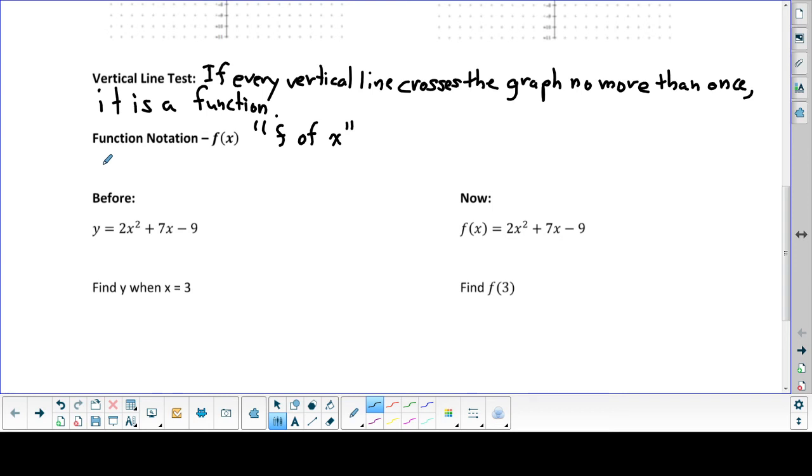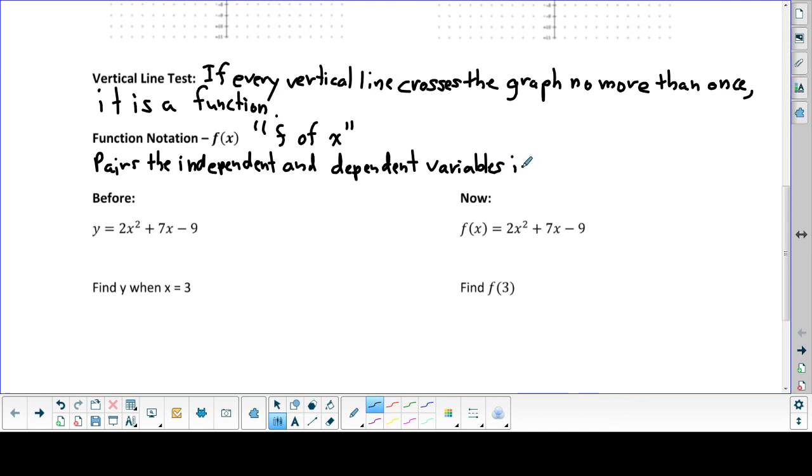Okay, so this pairs the independent and dependent variables in our notation. So our notation being just like the style in which we're writing out our math.